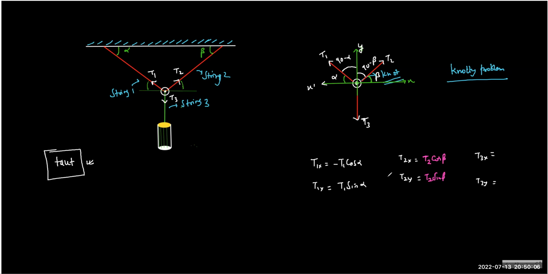Sir, 0. Shreya, are you there? What is T3x? The angle is 90, no? So you can write T3 cos 90, which is anyway 0. Or by common sense, because these are mutually perpendicular directions, it cannot have a component, right?